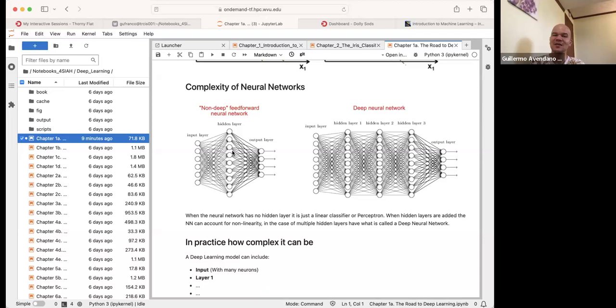In this case, this is a neural network with one hidden layer. We have an input, and here we have an output. What is in the middle are hidden layers. All those are neurons that receive multiple inputs. So you see here, this is a fully connected neural network.